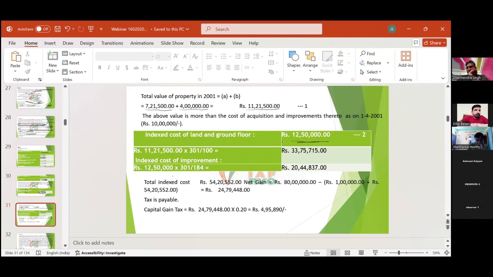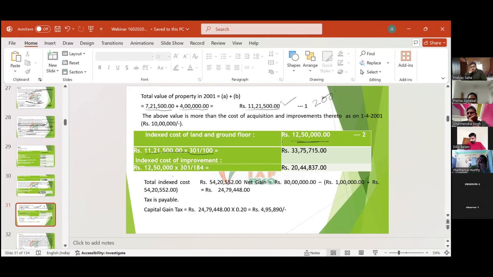You calculate the indexed value of 11,21,500. You calculate its indexation value. Here the indexation value is to be calculated on the basis of year 2001.